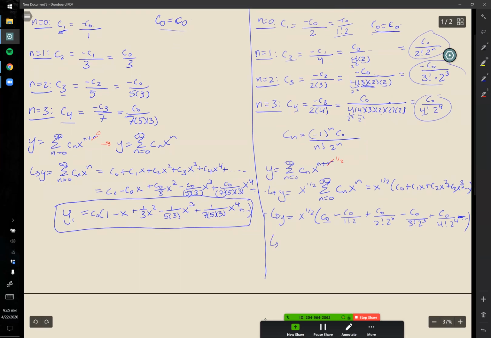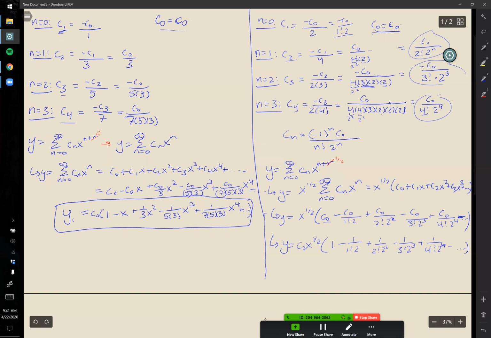So it looks like I can pull a C naught out, and so we get y is equal to C naught x to the half times all this stuff: 1 minus 1 factorial over 2 plus 1 over 2 factorial 2 squared minus 1 over 3 factorial 2 cubed plus 1 over 4 factorial 2 to the 4 minus da, da, da.